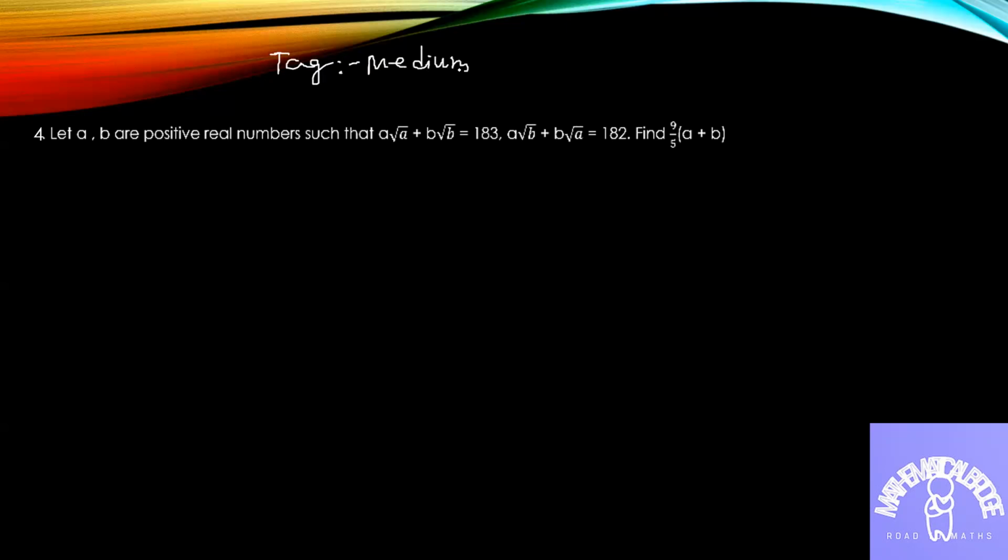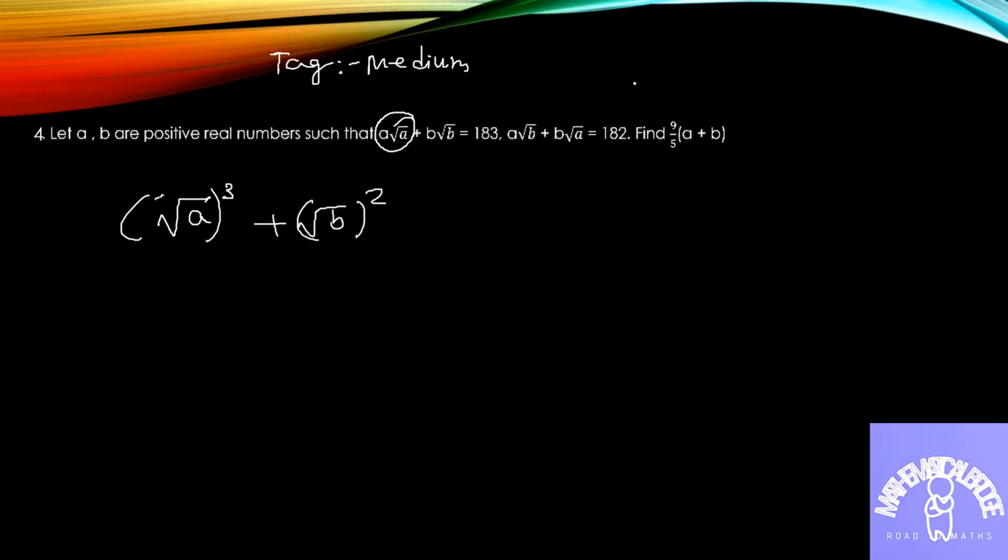Yeah. So one thing here, see, A root A plus B root B is equal to 183. Good. So this A root A can also be written as root A whole cube plus root B whole cube.